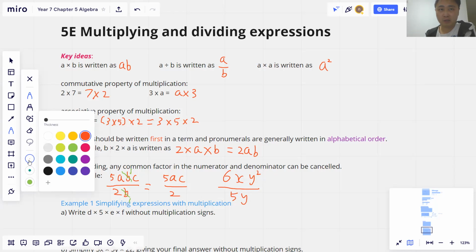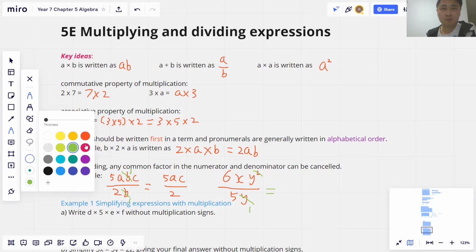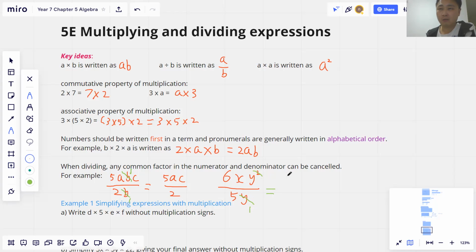So we can cancel it out. Because y squared means y times by y, you cross out one y, so you only have y left. For the denominator, the y disappears, so you write 1. In the final answer, we have 6xy over 5. That's your final answer.